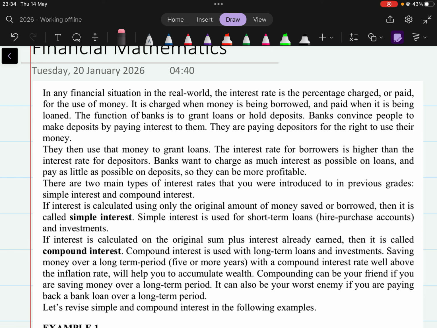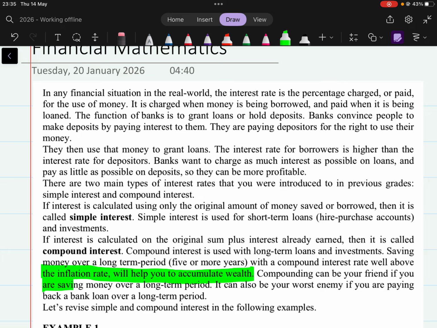So compound interest is used for long-term loans or investments. Normally with those long-term loans or investments, that's when they use compound interest. Saving money over a long-term period, 5 years or more, with a compound interest rate well above the inflation rate, can help you accumulate wealth. I think this is what I wanted to highlight.